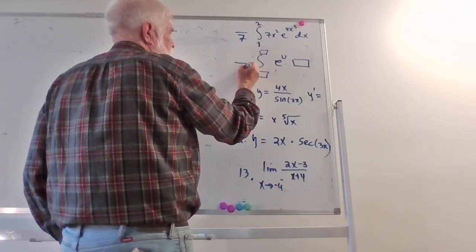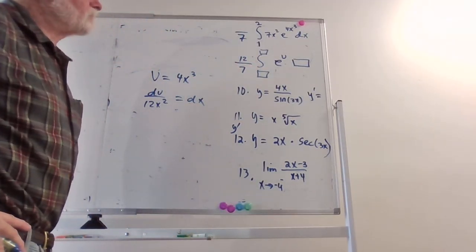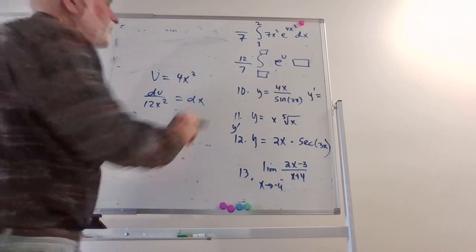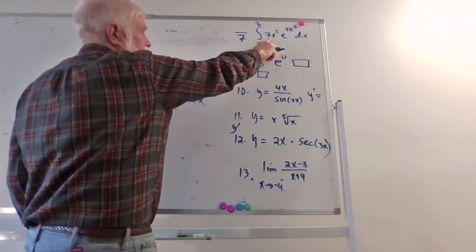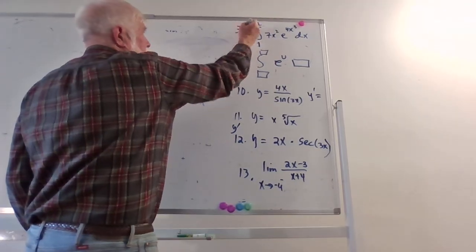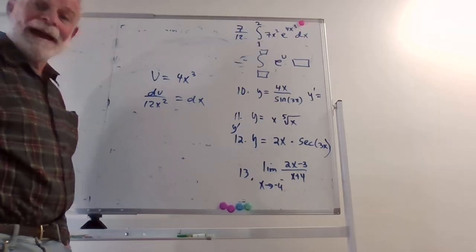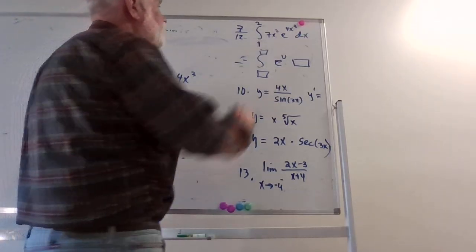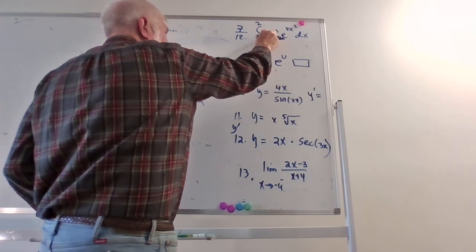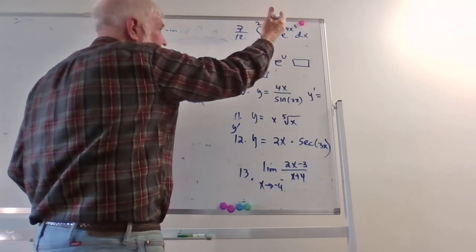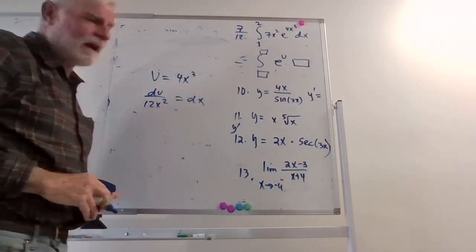So I don't want that 7, I want a 12. I'm sorry, I got that backwards, right? The 12x squared is going to divide into this, so I want 7 12ths, because 12 should show up. So I want 12x squared, I don't have it. If I put 12 there, then it must have been divided out of the problem, and I brought in the 7. Boy, was that awkward.